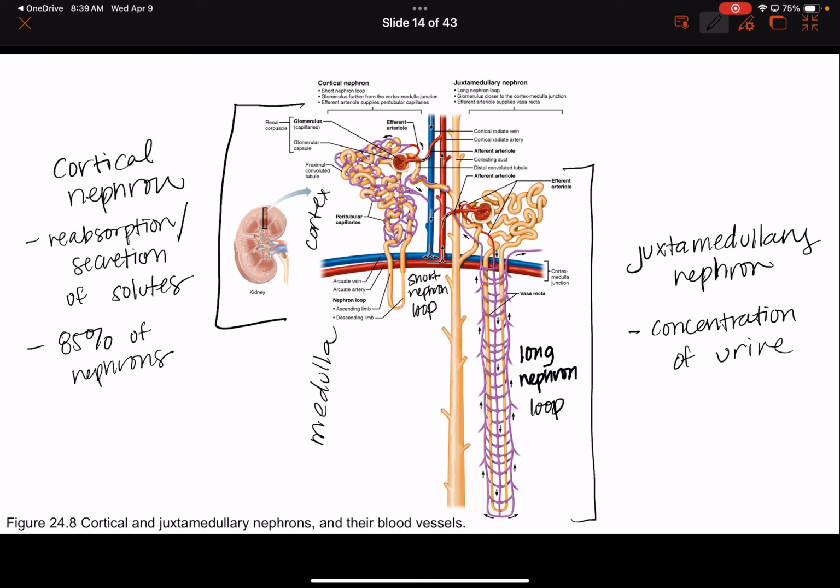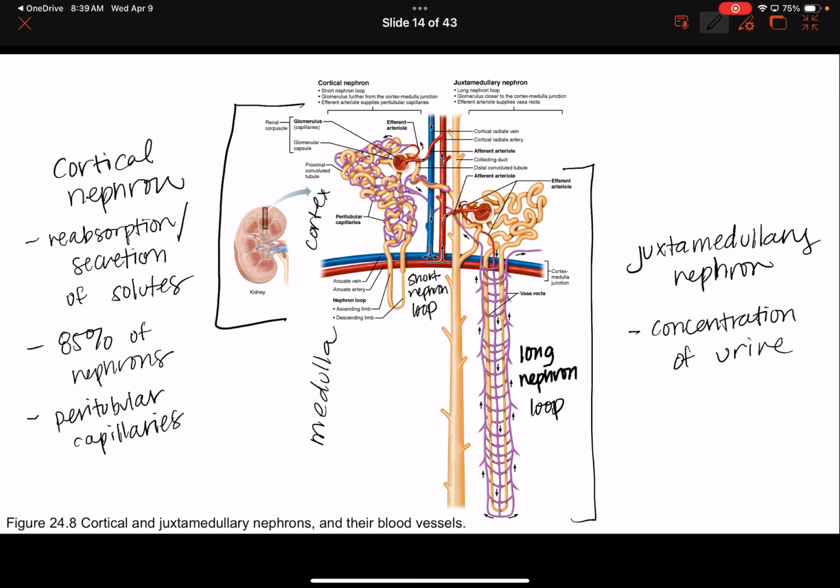Got that? Okay. All right. So you'll notice the purple is the capillaries at both of these different types of nephrons. So the cortical nephron will have what are called peritubular capillaries, which again, this is what we're going to talk about the most with talking about movement of solutes.